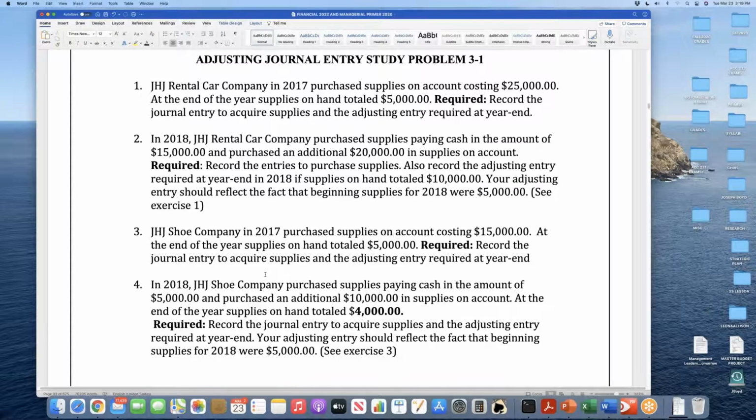These are companions with the shoe company now. Something happens in 17, there's an AJE. Then we get to 2018, there's another AJE. Can we handle it? I believe so. We'll give you 5 minutes or so to handle it.